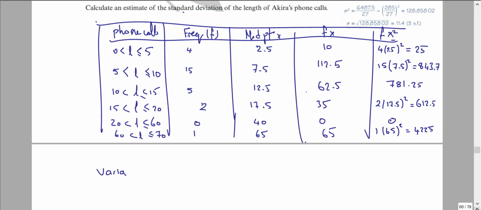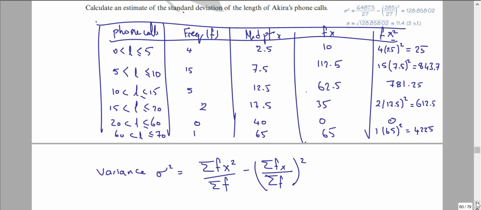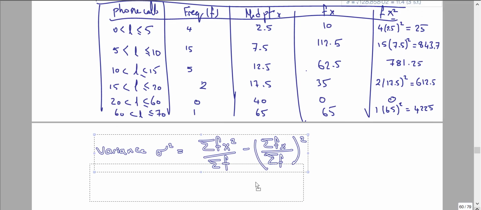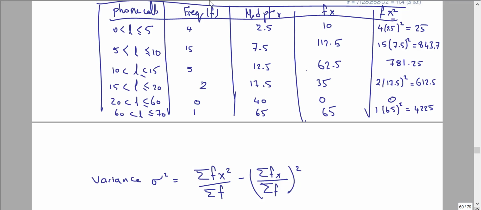The variance, which is sigma squared, will equal sigma fx squared divided by sigma f, as we said to memorize the rule, minus sigma fx divided by sigma f, all to the power 2. Where do we get sigma fx and sigma fx squared? How to get this?